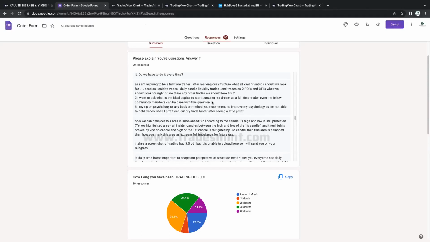And read some psychology books already available. I have read so many books, so you can also, like Trading in the Zone and others.